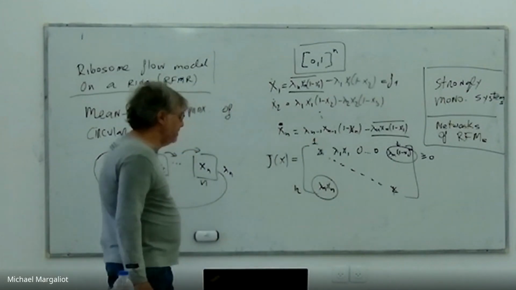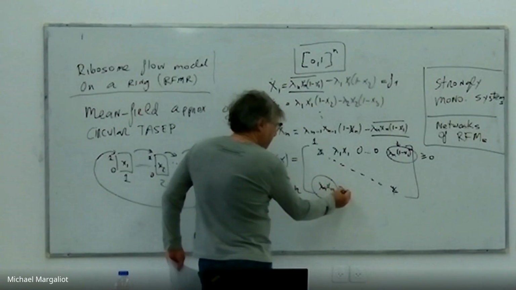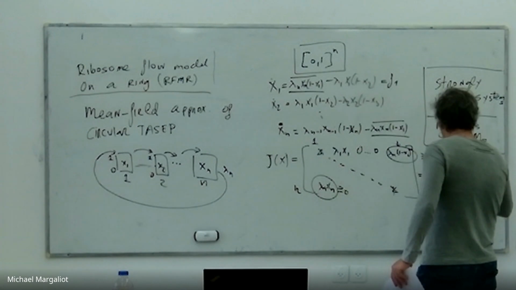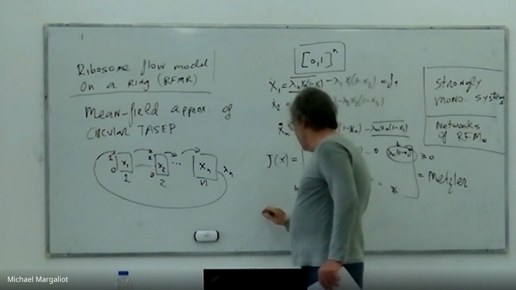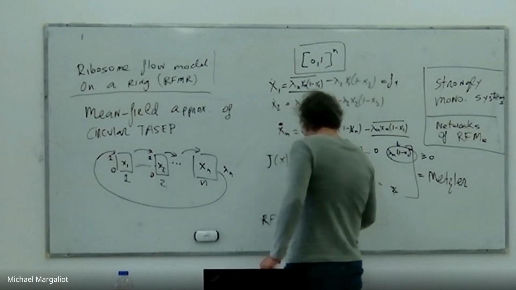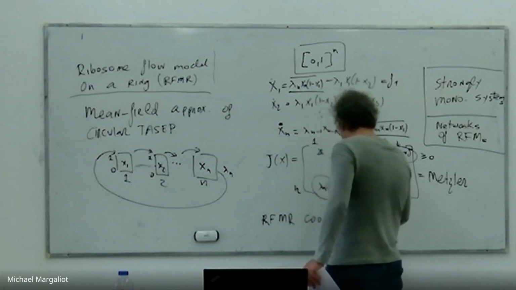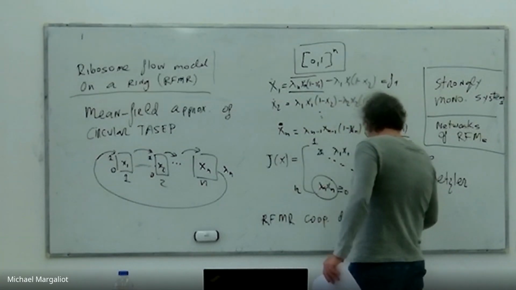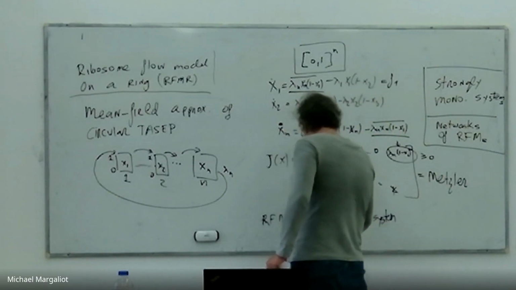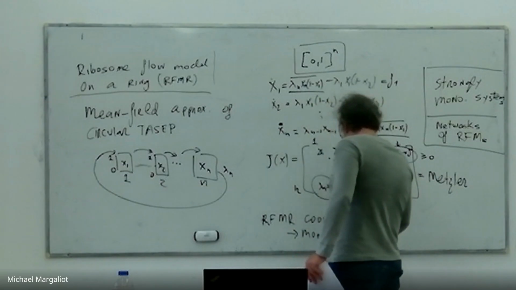But again, this is always non-negative. So I conclude that this is always Metzler on the state space. And this means that the RFMR is also a cooperative dynamical system, and this means that it is a monotone dynamical system.